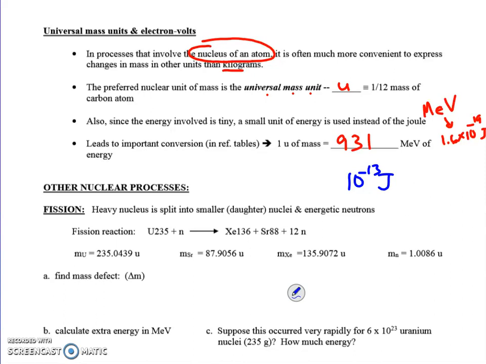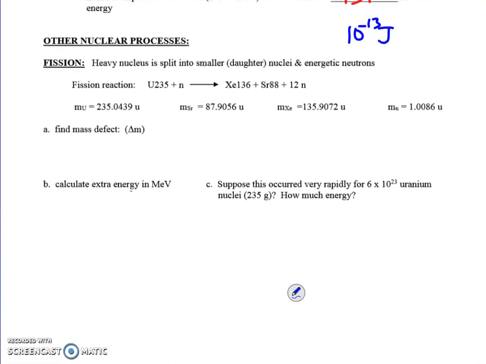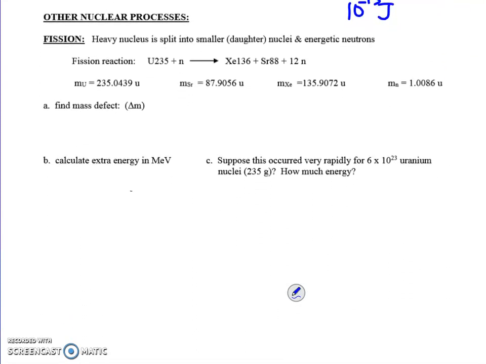All right, so now let's apply this to the idea of nuclear fission and fusion. So what's the difference? Fission, which is associated with the nuclear bombs that we often see in movies, television, documentaries, is nothing more than splitting large nuclei into smaller daughter nuclei. And you get a lot of energy out of it.